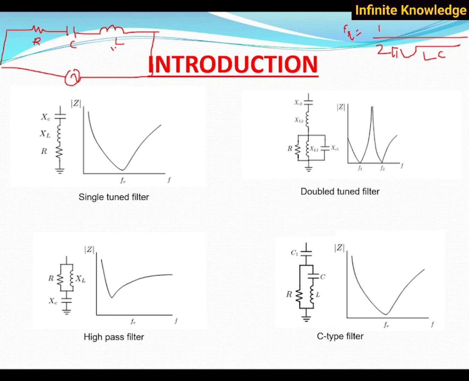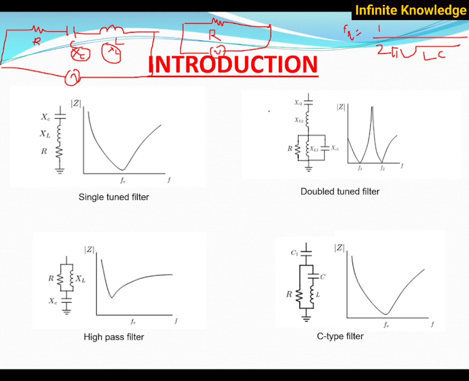The effect of XL, the inductive reactance, will be cancelled out by XC. XC cancels the effect of XL, and the only impedance remaining in the system is a resistance.